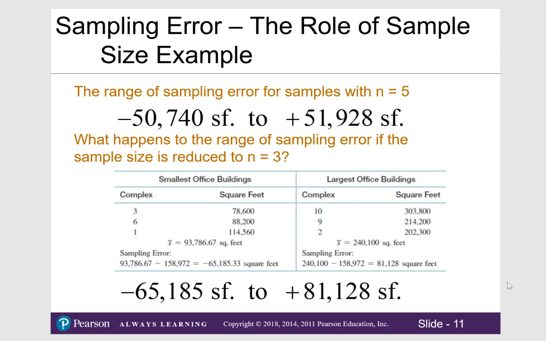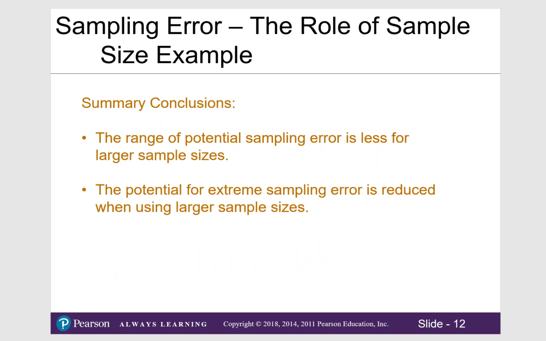I'm hoping what you see from this is even just increasing our values by 2, notice our upper and lower bound change significantly in tens of thousands of square feet. So what you notice in just using 3, it's a much larger range of possible square footage values of sample error from the size 5. So one thing we're noticing is that size seems to matter when it comes to our possible error if we consider doing random sampling.